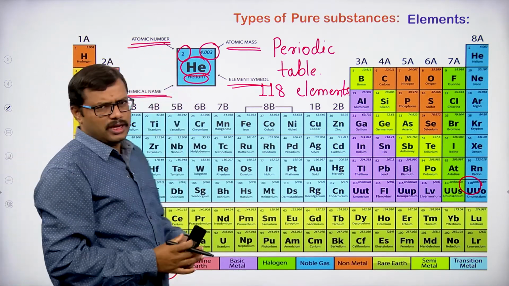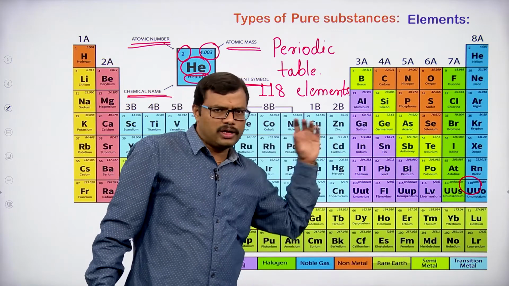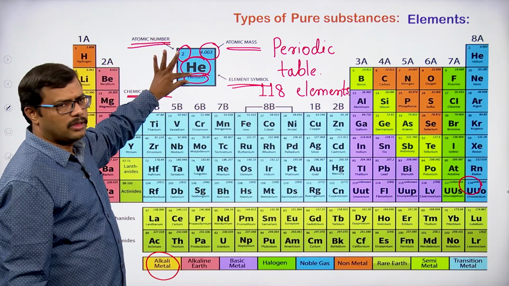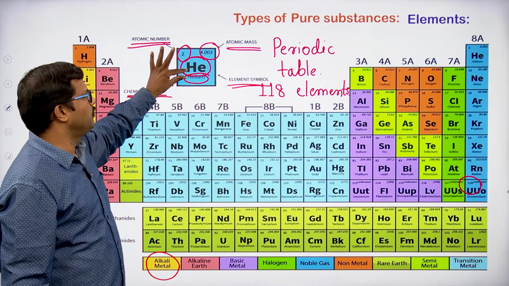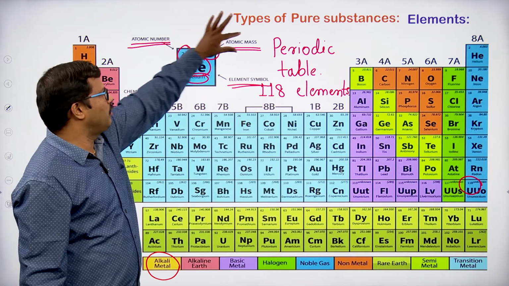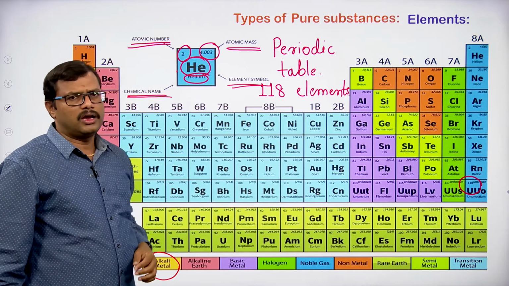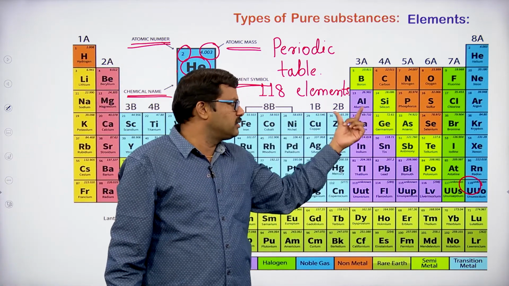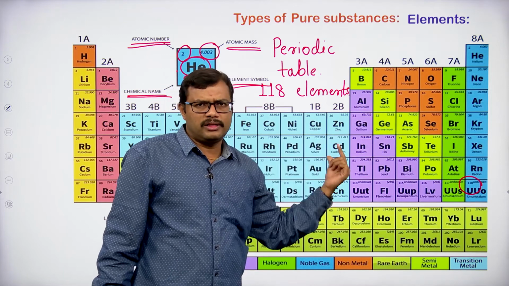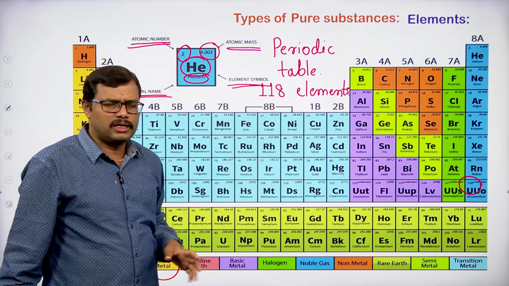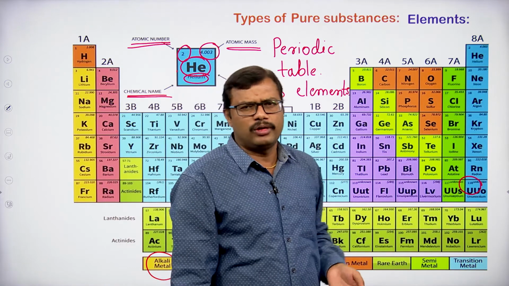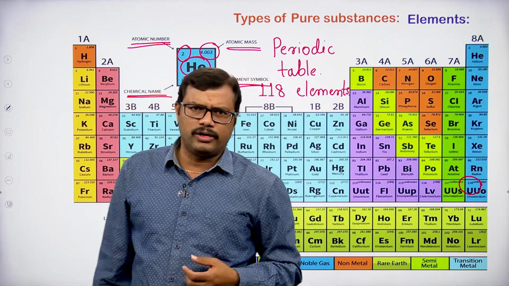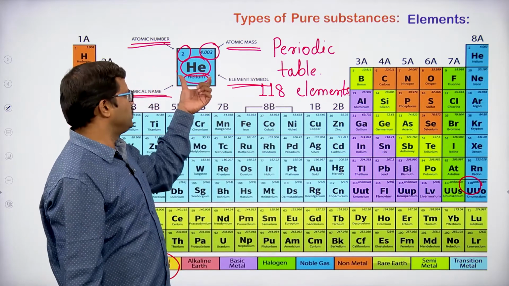All the elements in this periodic table are written in the same fashion: the symbol, the name below it, the atomic mass on the right and the atomic number on the left. This is common in any periodic table. If you have one in your textbook, just go through it; there they also mention the same thing.